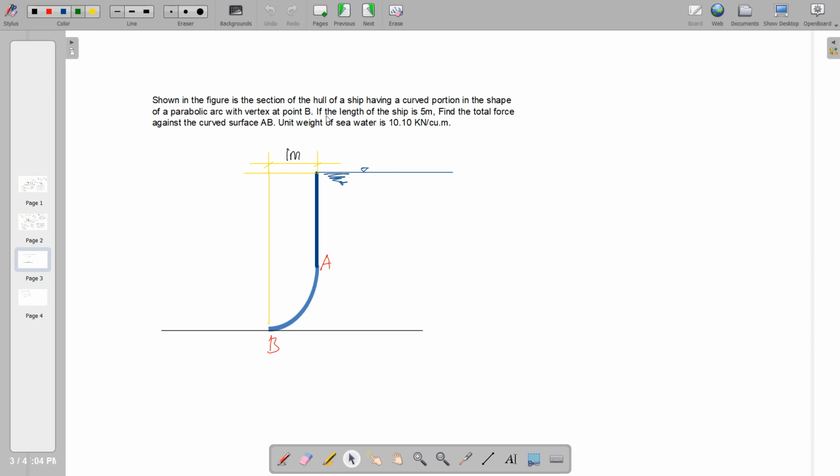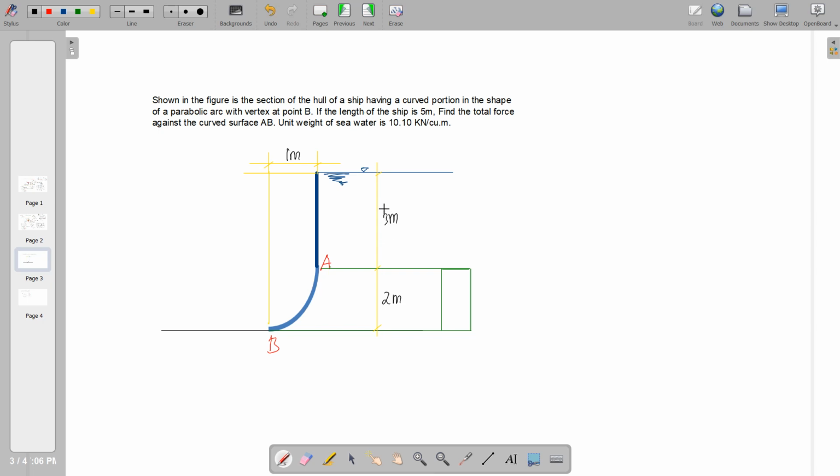So in here, as usual, we project the curve AB horizontally first. So we treat it as a plane surface along the horizontal. And then, by the way, we have dimensions here, 3 meters and 2 meters. So this is part of the given.